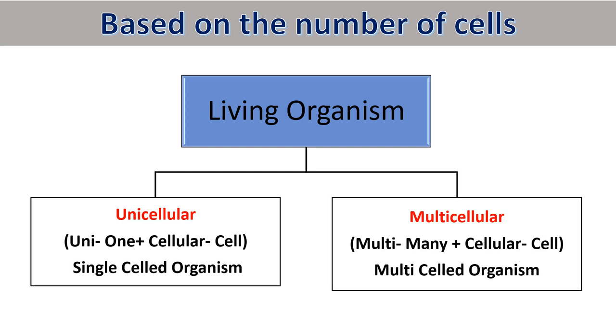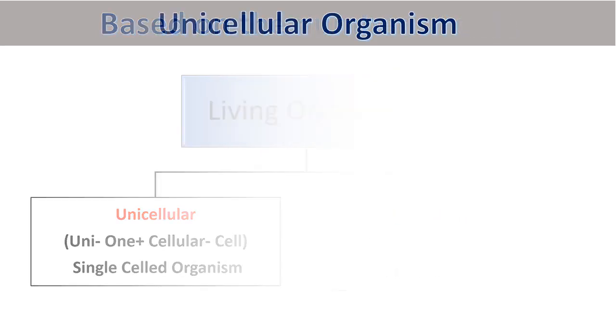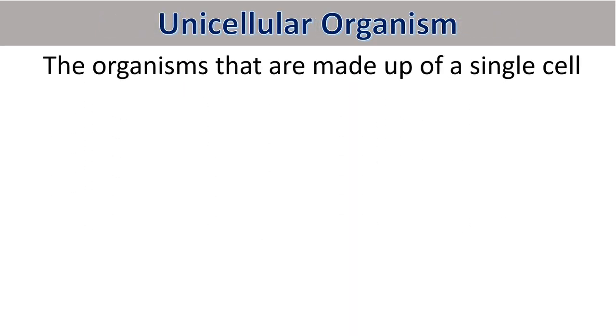It means single-celled organisms. In the same way, the word multicellular is made up of two words. Multi means many and cellular means cell. It means multi-celled organisms. So unicellular organisms are those organisms that are made up of a single cell.